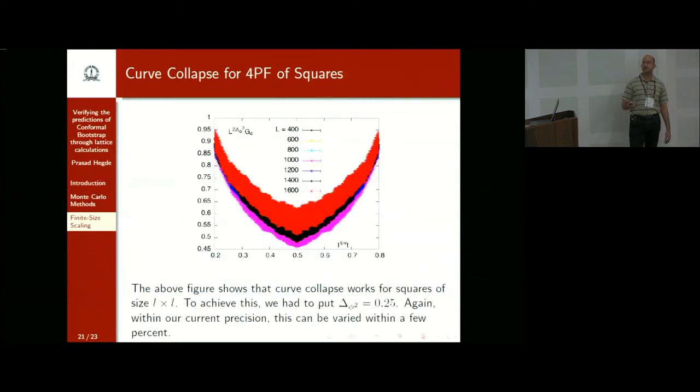So we played this game for squares, and again you see that, up to the error that we do have, we get curve collapse again. Here, I need to put the right dimension of delta phi squared.